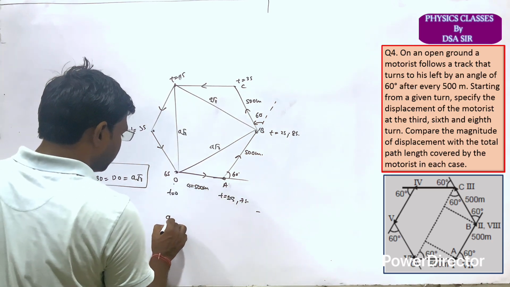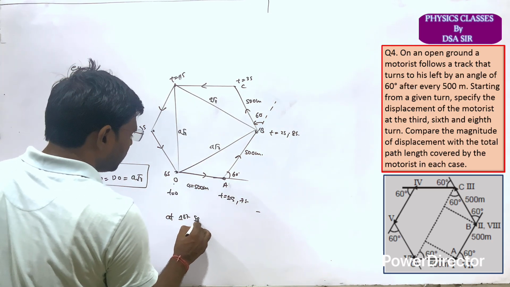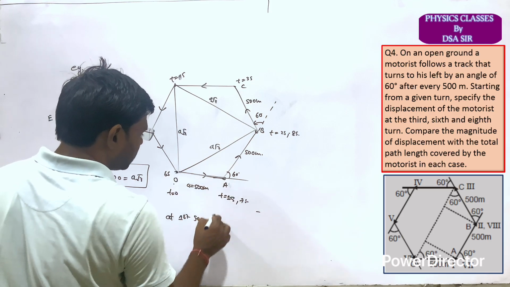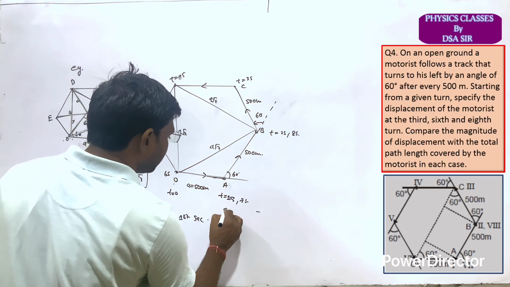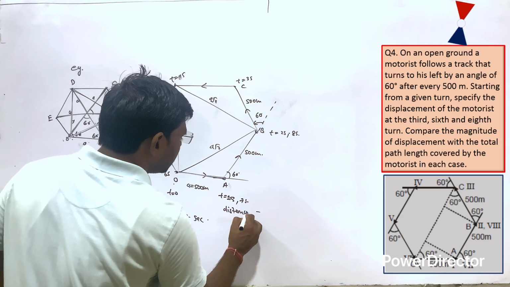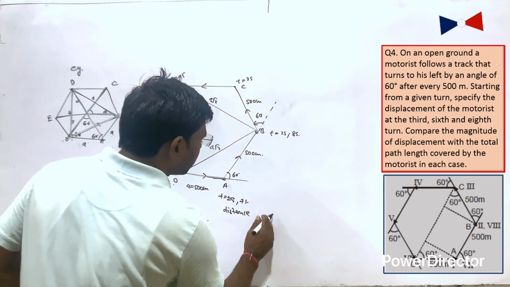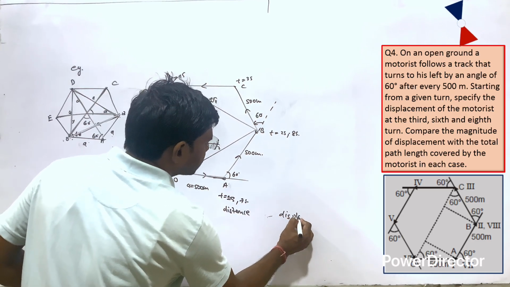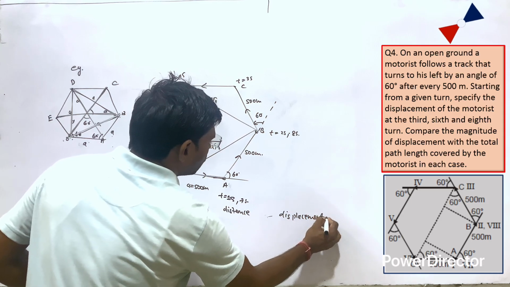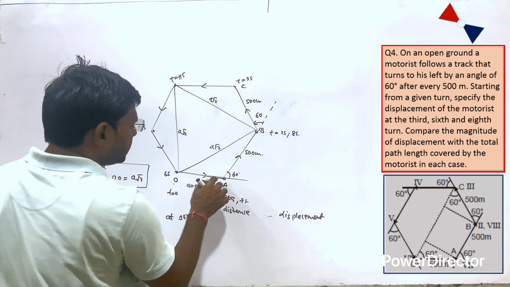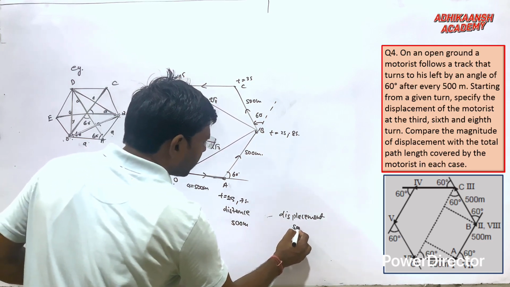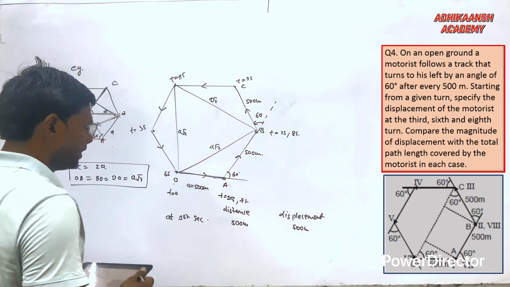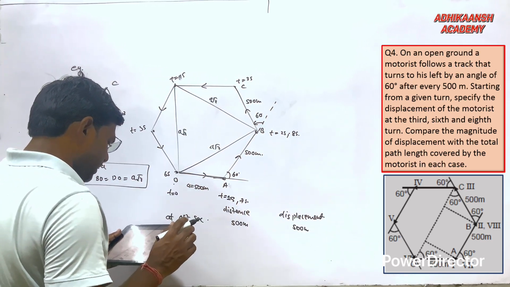So at the first second, what is the distance? I'm writing the distance here, and the displacement. At 1 second, the distance and the displacement are both equal, 500 meters and 500 meters.